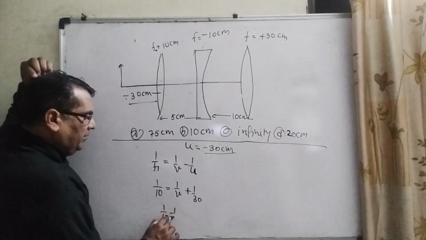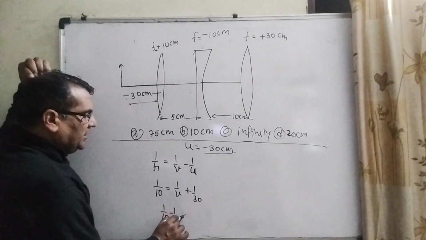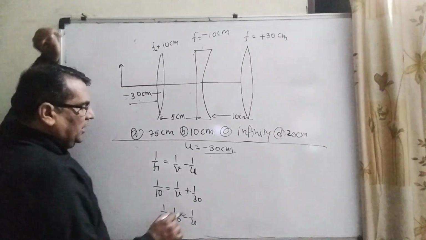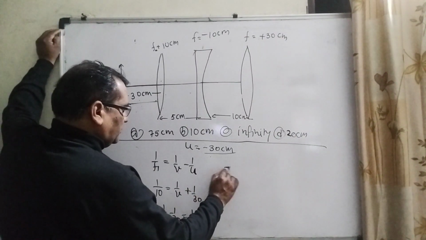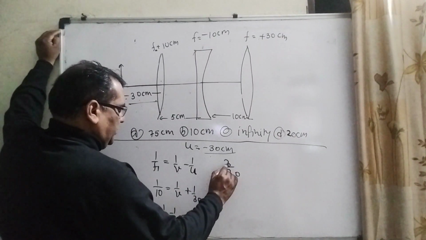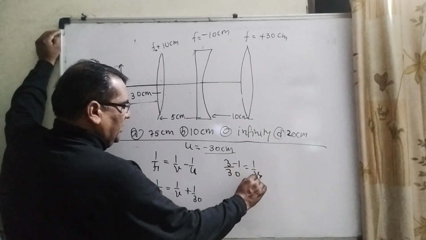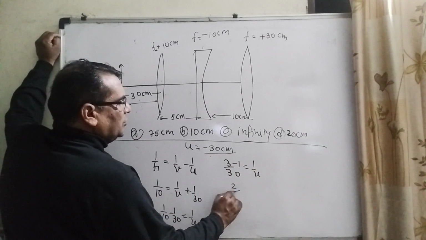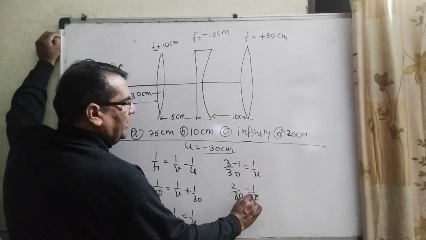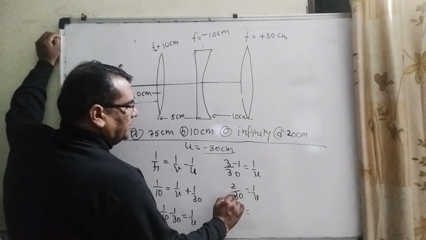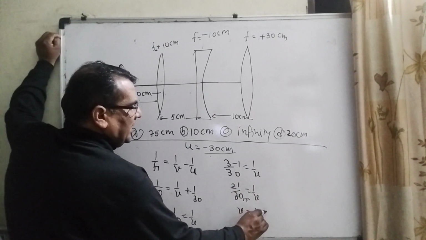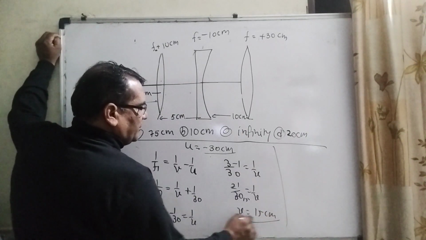Transposing, 1 by v equals 1 by 10 minus 1 by 30. Taking LCM 30, 3 minus 1 gives 2 by 30 equals 1 by v, then v equals 15 centimeter.